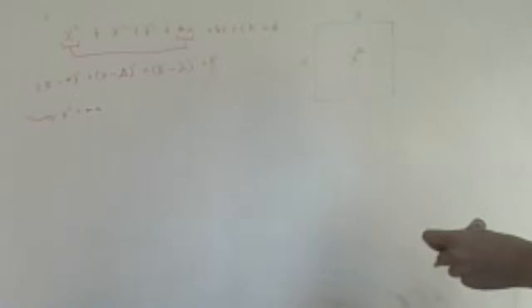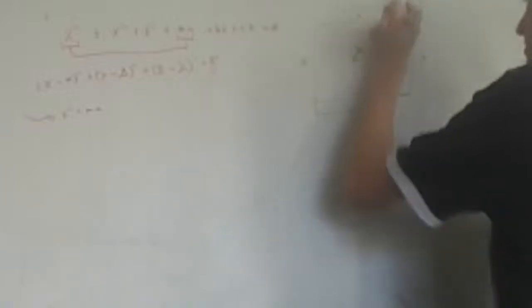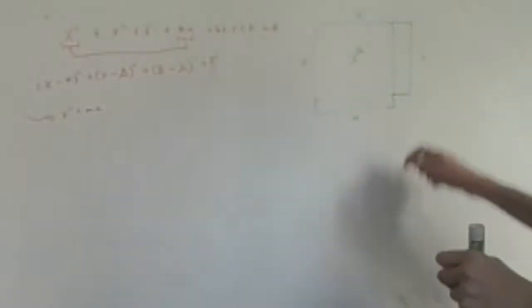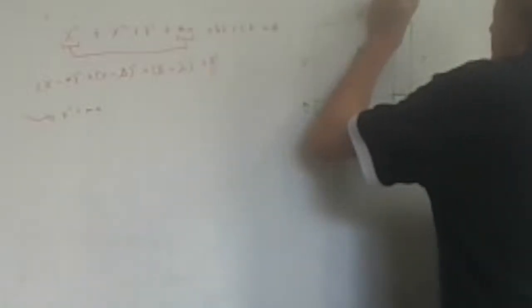this area is x squared. Right there. So if we have x here, and we broke it down like this, it's gonna be x, this is gonna be x, and we have to do this in terms of a. So this is a over 2 and a over 2.